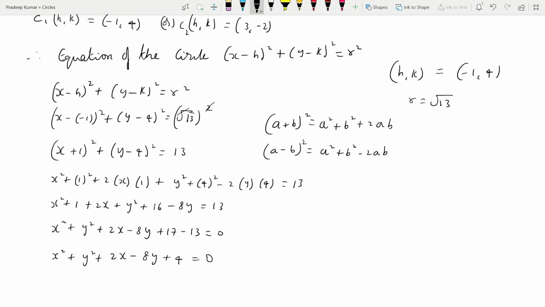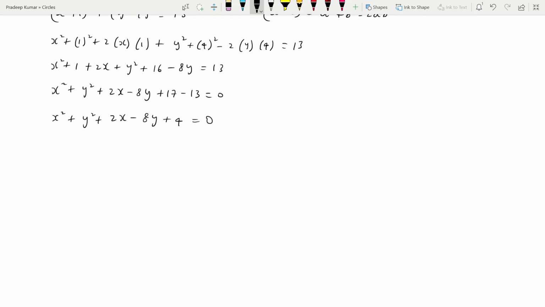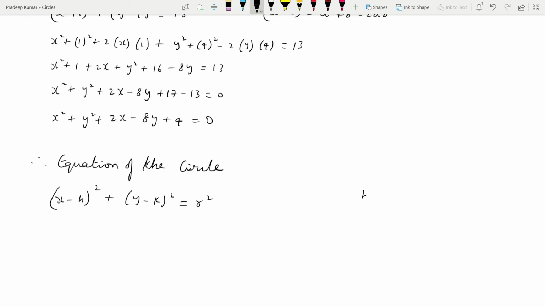Alright, so let's find out the equation of one more circle. Therefore, the equation of the circle. What was the equation? That is (x minus h) whole square plus (y minus k) whole square equal to r square, where h comma k is the second point, 3 comma minus 2, and the radius is root 13.